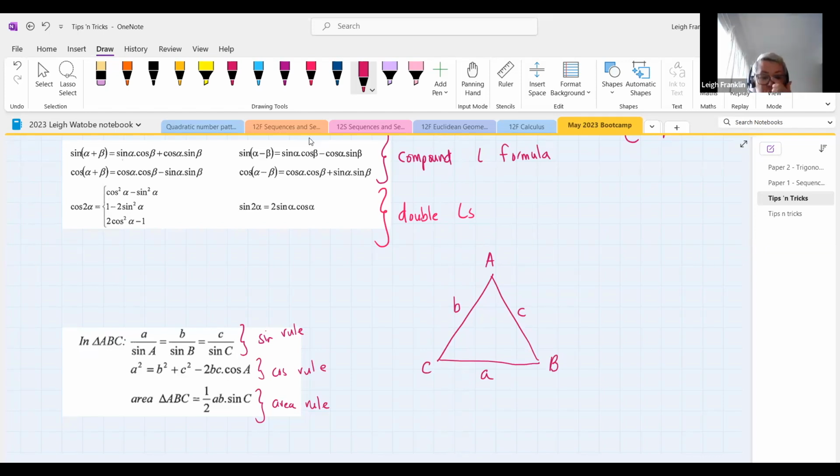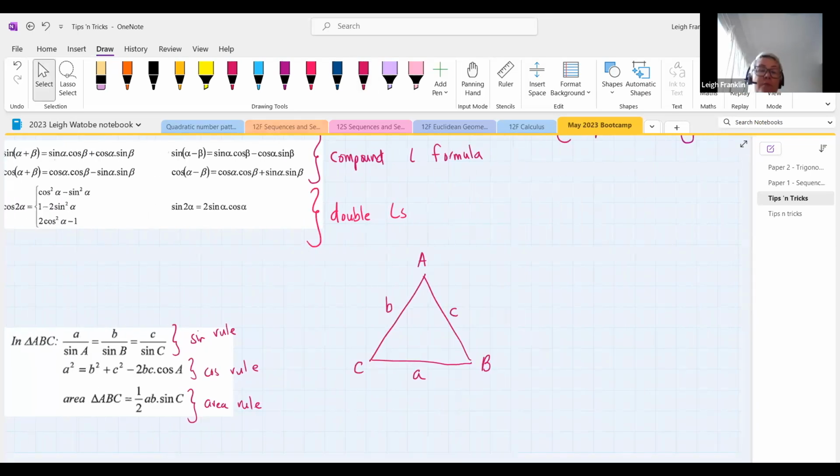When it comes to your sine rule, what a lot of people struggle with is, how do I know if I'm supposed to use the sine rule or the cosine rule? There are some questions where it won't matter, depending on the information given to you, and other situations where it is going to matter which rule you use.